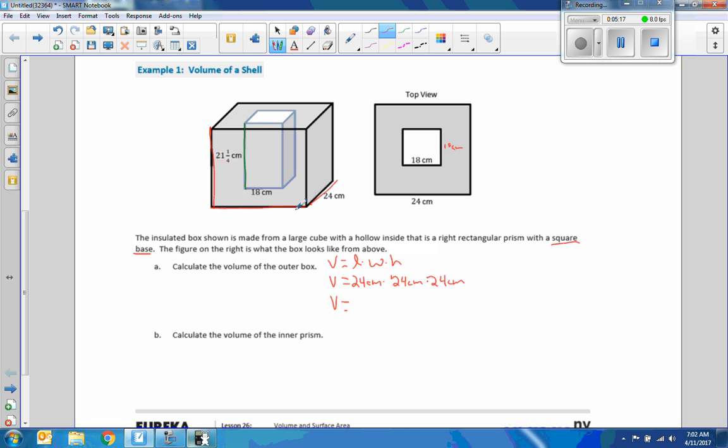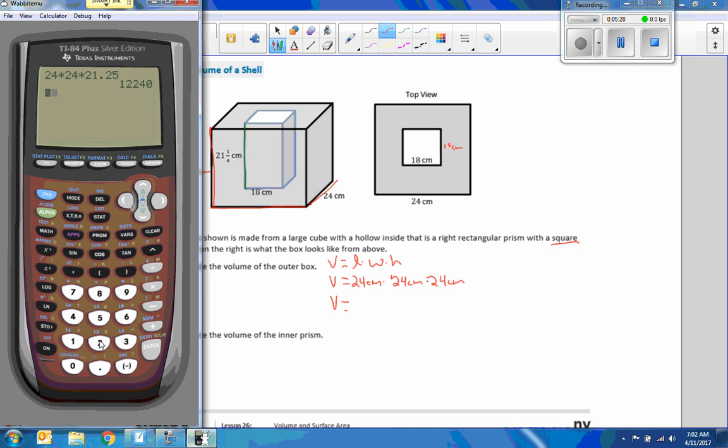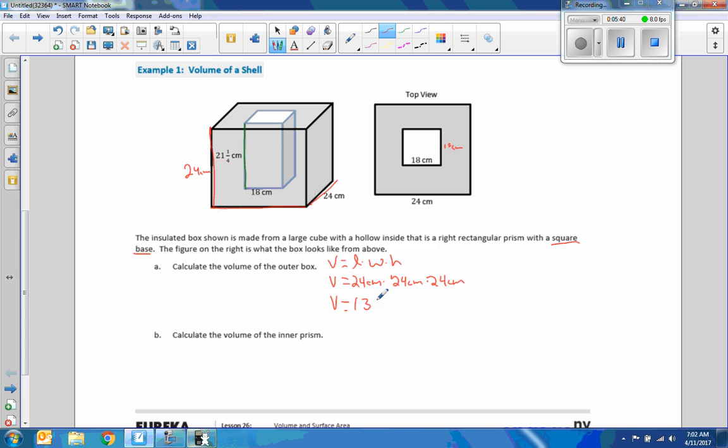So this is 24, 24, and this is also 24 centimeters here. 21 1/4 is the height of the inside. Alright, so now when I calculate that, that's 24 times 24 times 24, which is 24 to the third power. So 24 to the third power is 13,824 cubic centimeters.